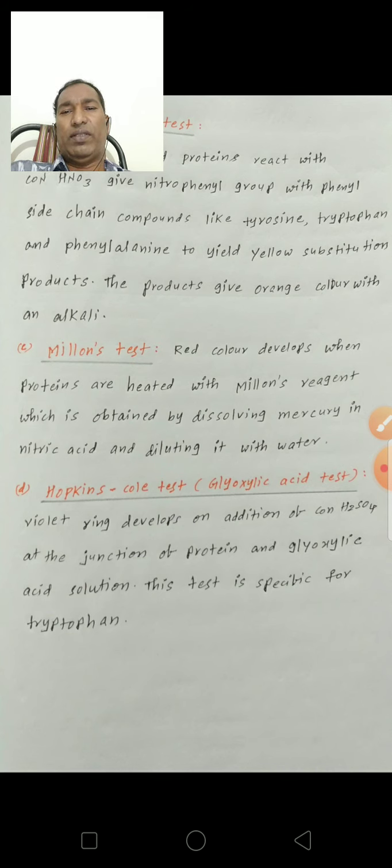Next, Millon's test. In this test a red color is developed when proteins are heated with Millon's reagent, which is obtained by dissolving mercury in nitric acid and diluting it with water.